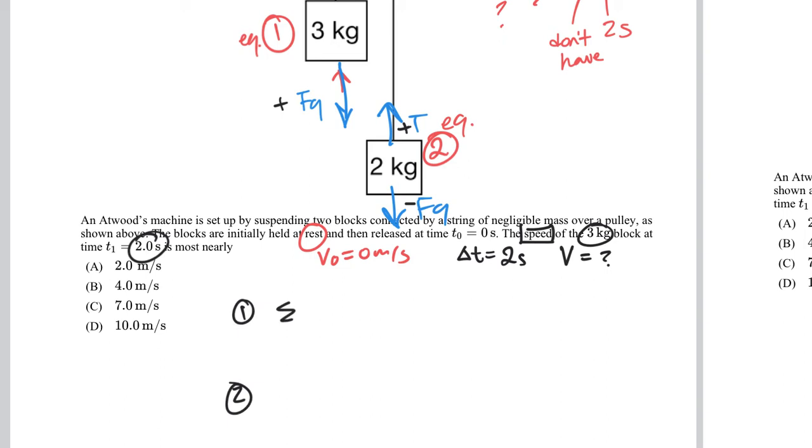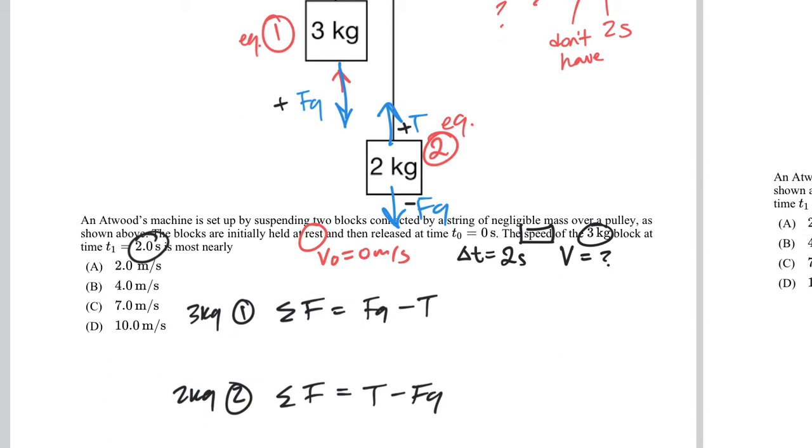So then I'm going to find the sum of all forces for the 3 kilogram block. I'm just going to label it 3 kilogram, 2 kilogram. So the 3 kilogram block is going to be equal to force of gravity minus T. And the 2 kilogram block is going to be equal to force of tension minus F of G. One thing I need to be careful of is that I need to label my symbols.